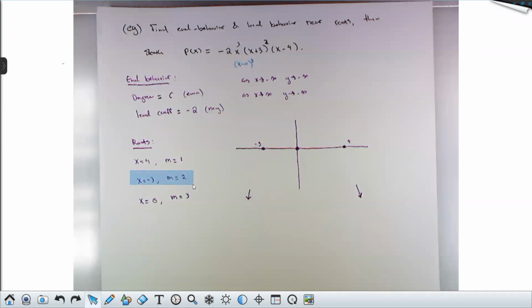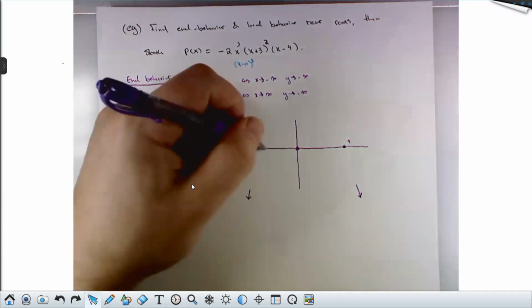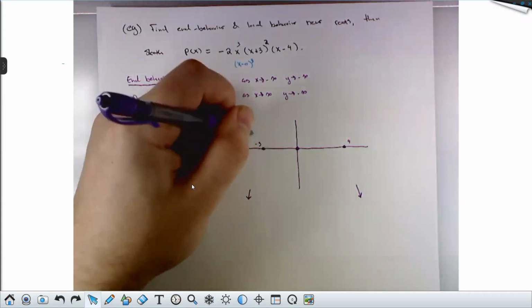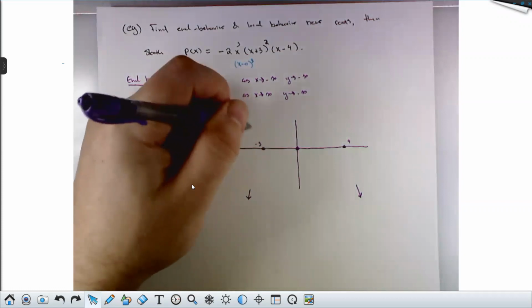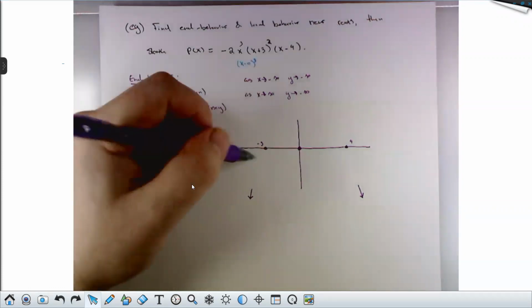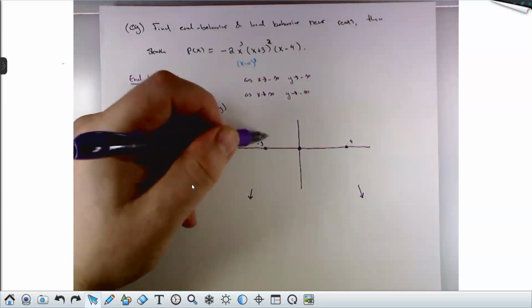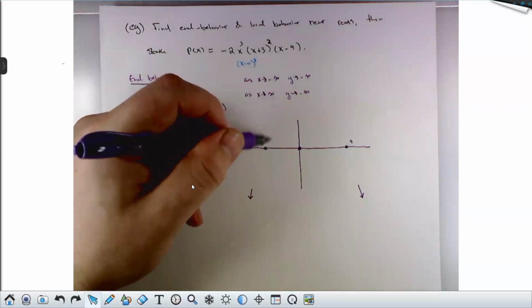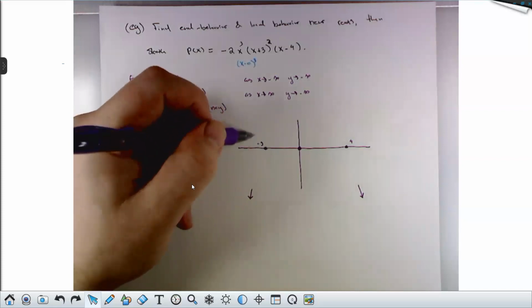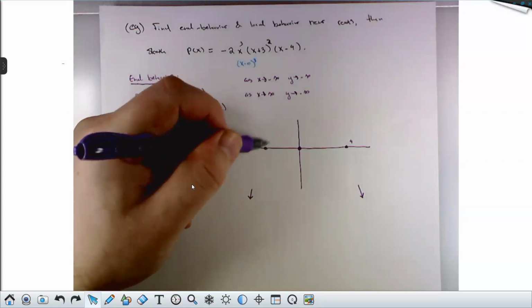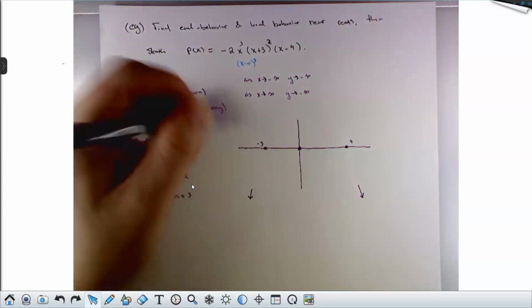I know that the -3 root is a multiplicity 2 thing. So either it's going to bounce like this, looking kind of like x squared, only shifted over there, or it's going to bounce like this, bottom to bottom or top to top. Which one? Is this going to bounce top to top like this? Or is it going to bounce bottom to bottom like this?